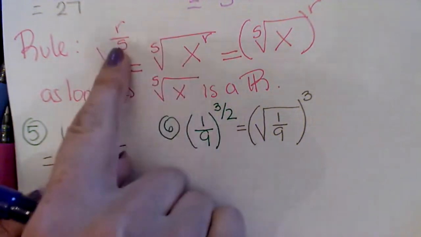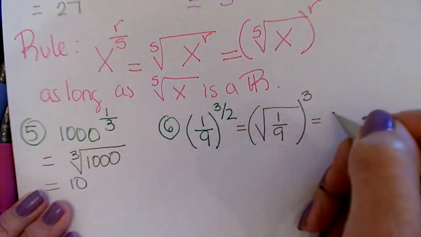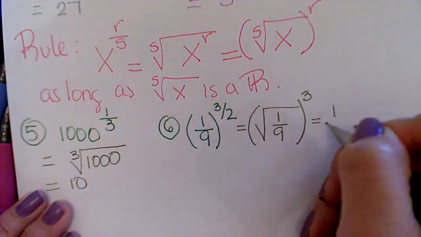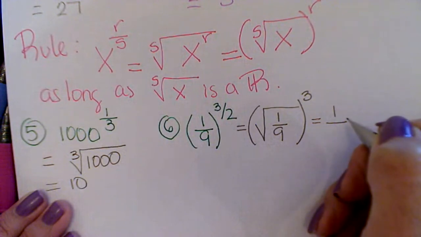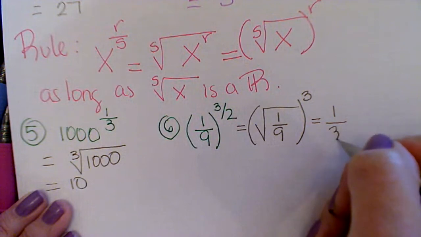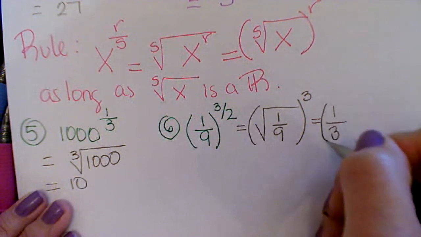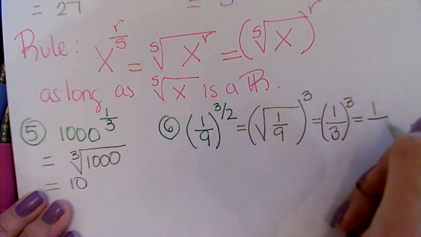It's exactly what I have here. So what is this equal to? The square root of 1 is 1, the square root of 9 is 3, and that's going to be to the 3rd power. So my answer is going to be 1/27.